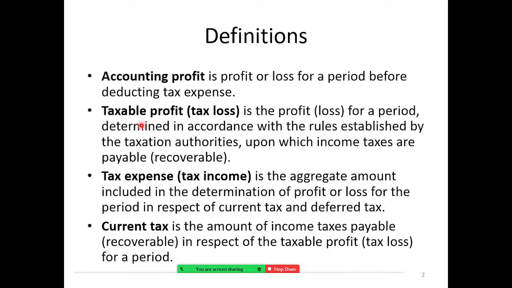There is a rate, and this rate differs based on the level of income of an individual or of a company. For a company, it's a single digit rate, so 24%, or 16%, or 20%, or 30%, right? So easily we can calculate taxable profit times the corporate tax rate, and that equals current tax.